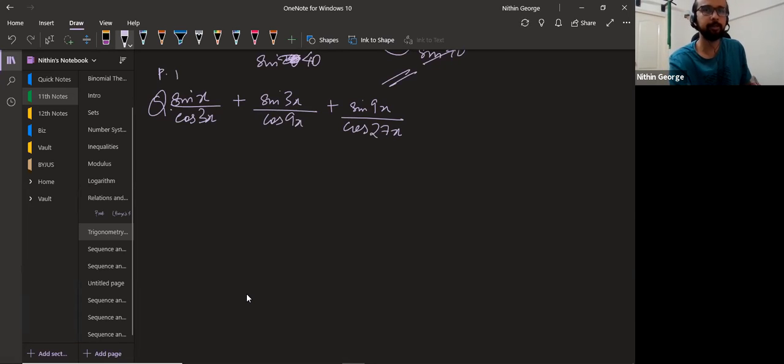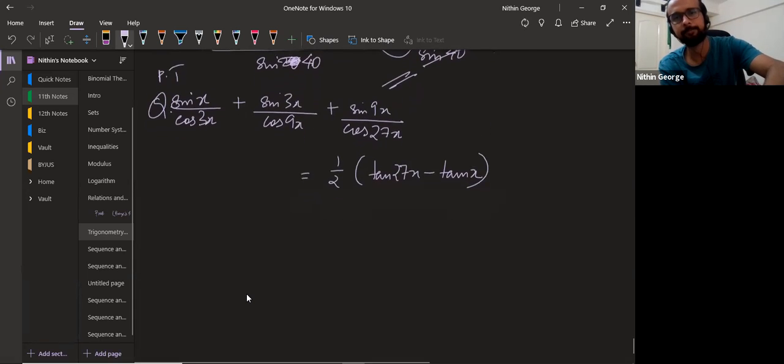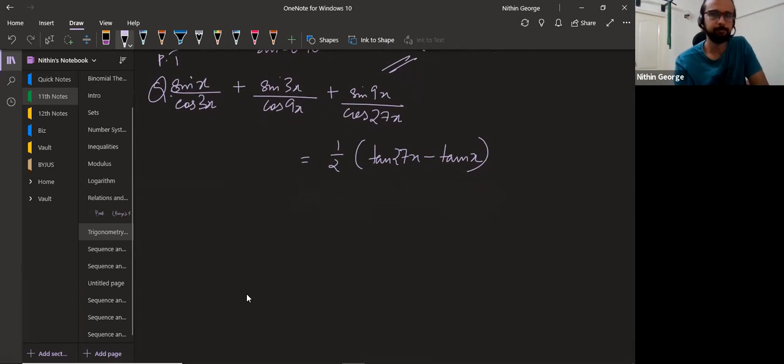You have to prove that this is equal to half of tan 27x minus tan x. Okay, guys, what happens here? You have to prove that this is equal to this. Start solving.